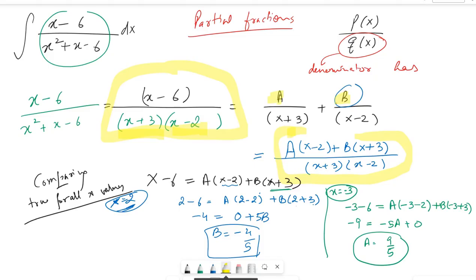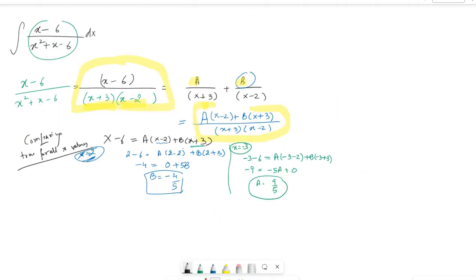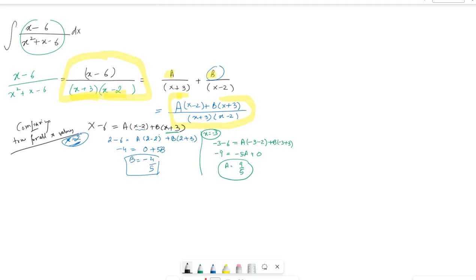That means this fraction can be written now as, in place of a, we can write 9 by 5 by x plus 3, plus in place of b we can fill in 4 by 5 by x minus 2. So we converted our original fraction into two separate fractions.